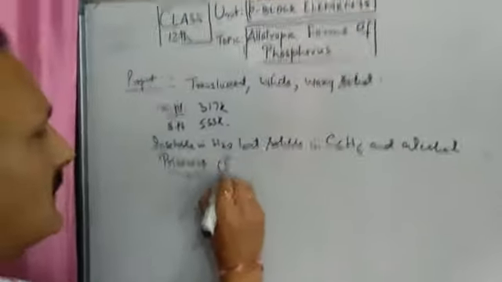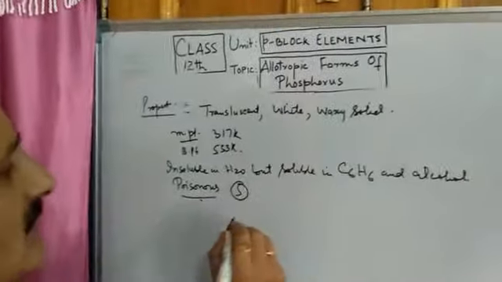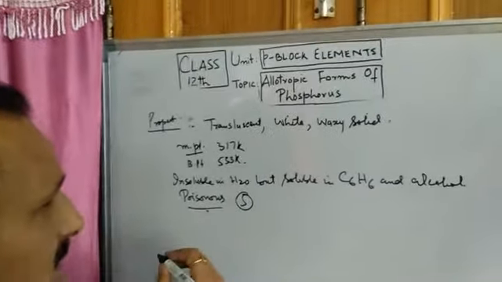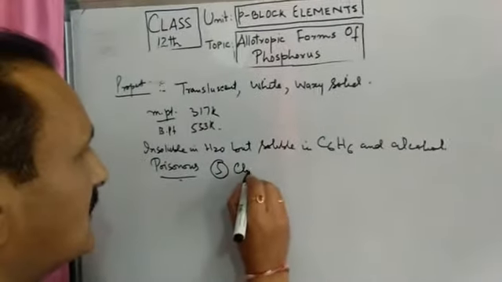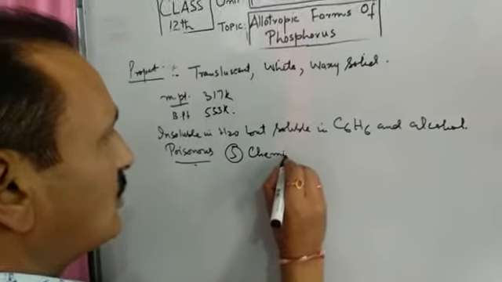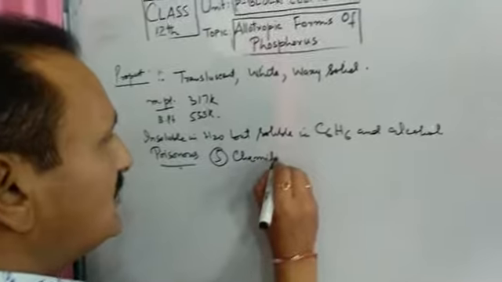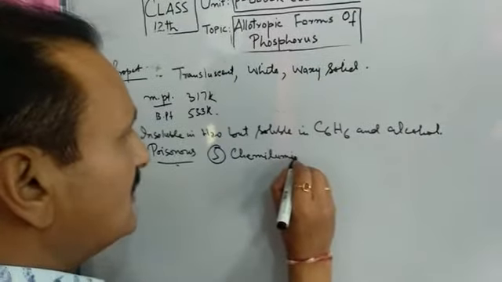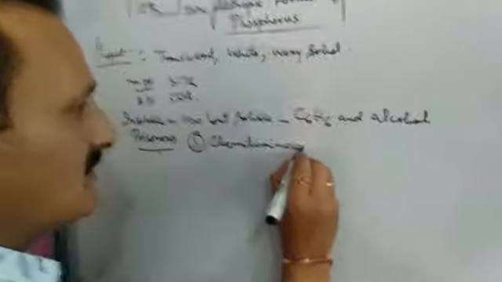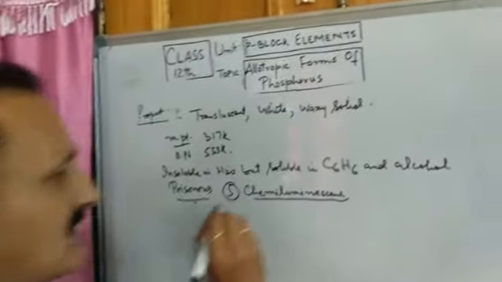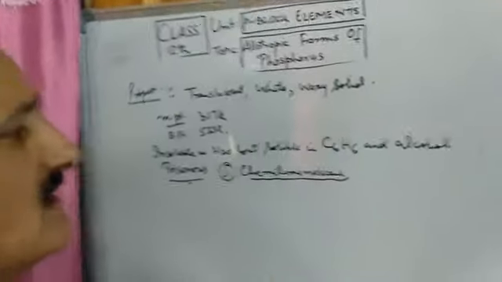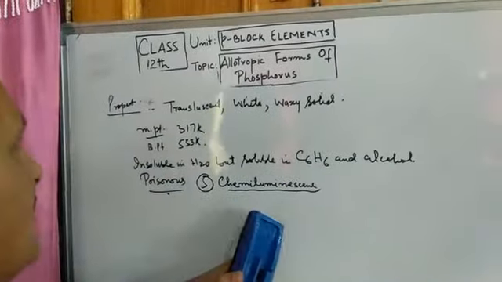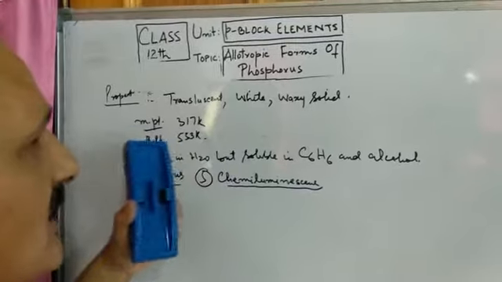Then when it is kept in the dark, it has some luster. It shines, and this property is known as chemiluminescence. This property means when a substance kept in the dark shines, that property is known as chemiluminescence. So your white phosphorus has this property.